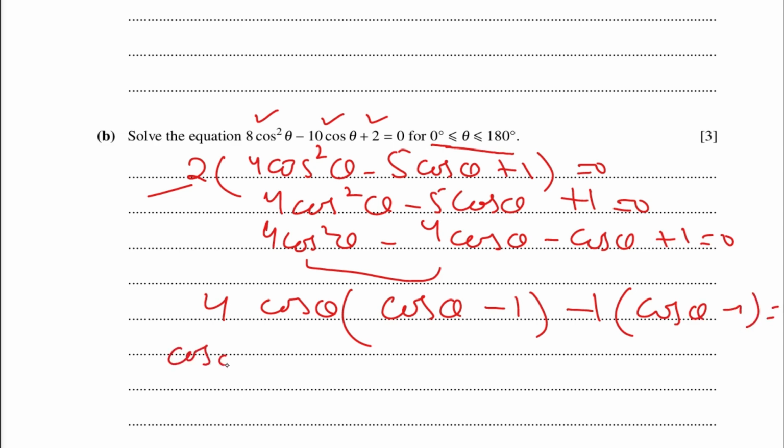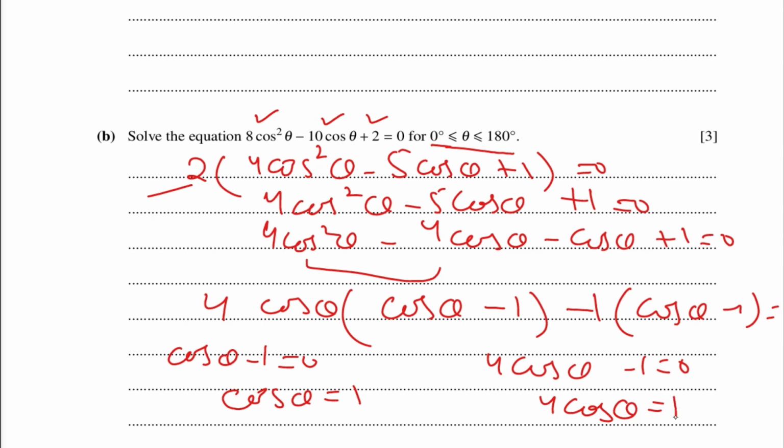So cos theta minus 1 equals 0 and 4 cos theta minus 1 equals 0. From this side we will have cos theta equals 1, and from here we will have 4 cos theta equals 1.